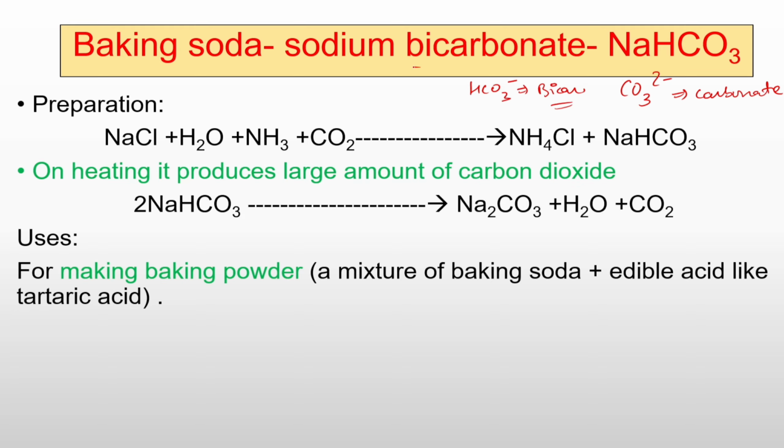So we have bicarbonate, that is why we have NaHCO3. How is it prepared? Again, it is a type of salt prepared using sodium chloride. Sodium chloride plus water plus ammonia plus carbon dioxide gives ammonium chloride, and this is the baking soda, sodium bicarbonate.